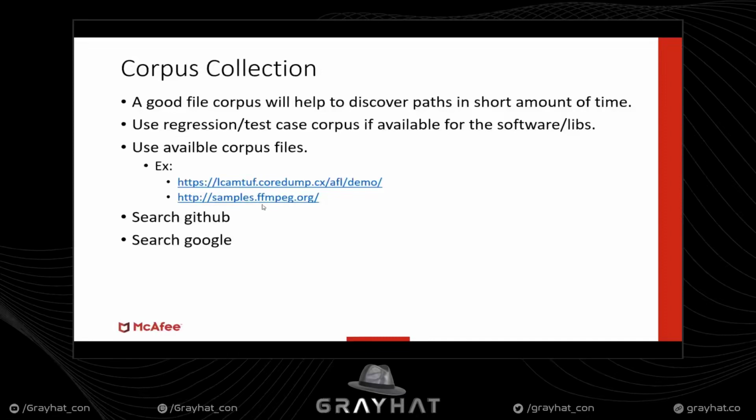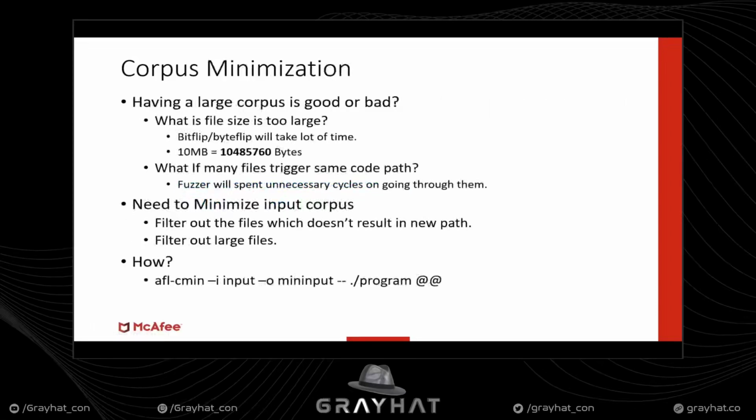Similarly, you can get a good media file corpus from samples.ffmpeg.org. If you go to this URL, you will get various types of video and audio files which can be used for fuzzing. You can also search GitHub and do Google search queries that will give you various file types as well.